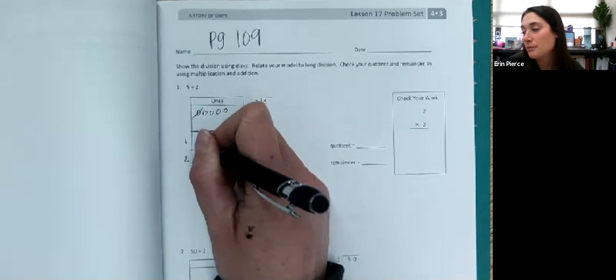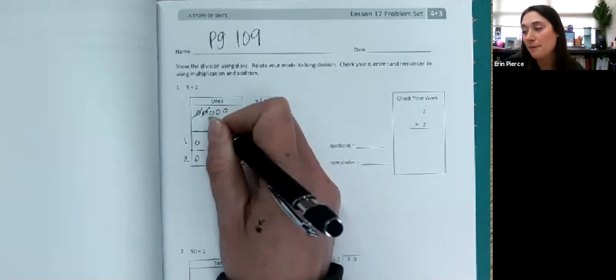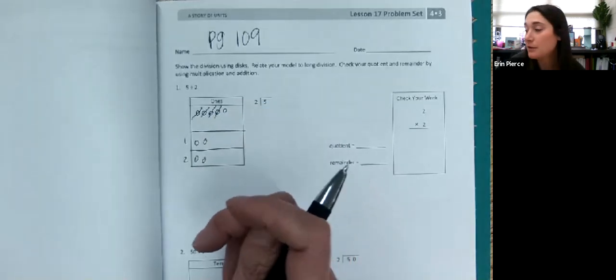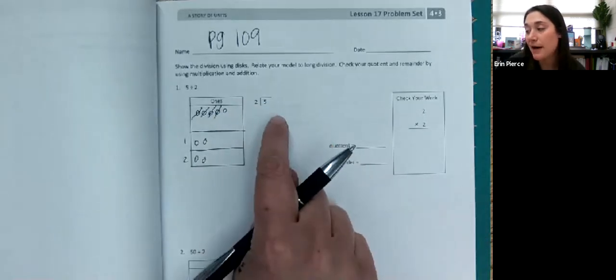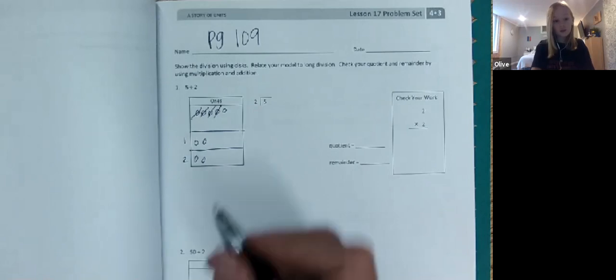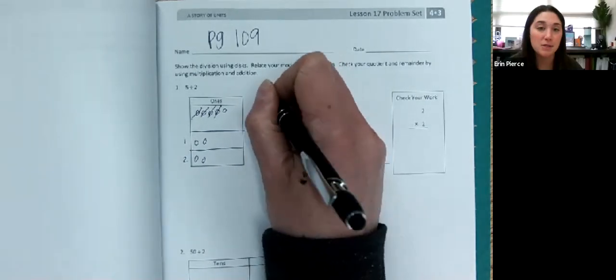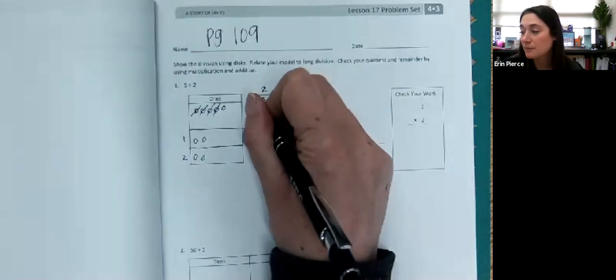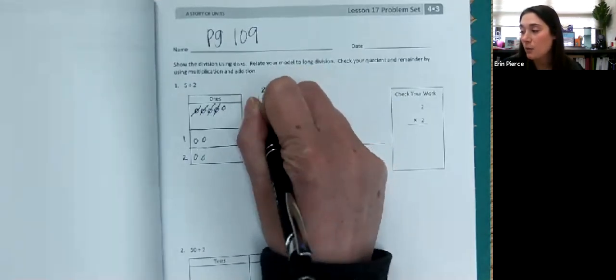1, 2, 1, 2, and I have 1 left. So that tells me 5 divided by 2. What am I writing in the line above? Olive? 2. 2 times 2 is 4. 5 minus 4, 1.